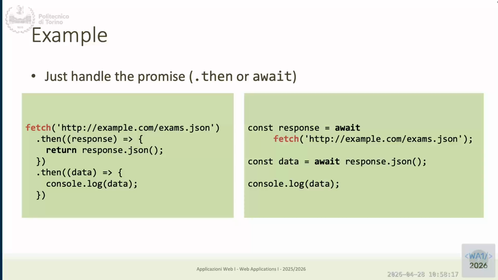with the HTTP response coming from the remote server. So I'm calling get on this address, and the left-hand side of this picture just shows the then syntax for handling the response coming from fetch. Maybe it's easier to read the right-hand version, where we are using await. So we are calling fetch on a URL.